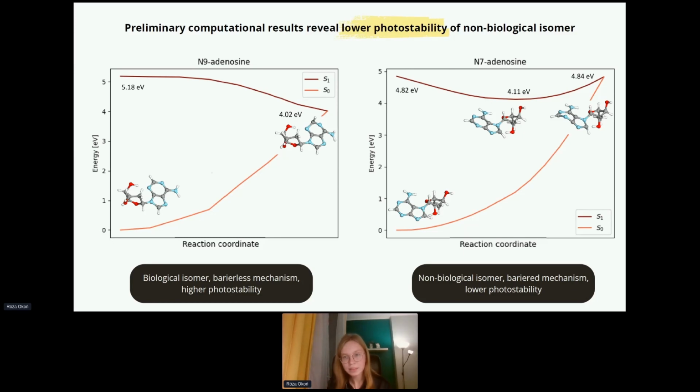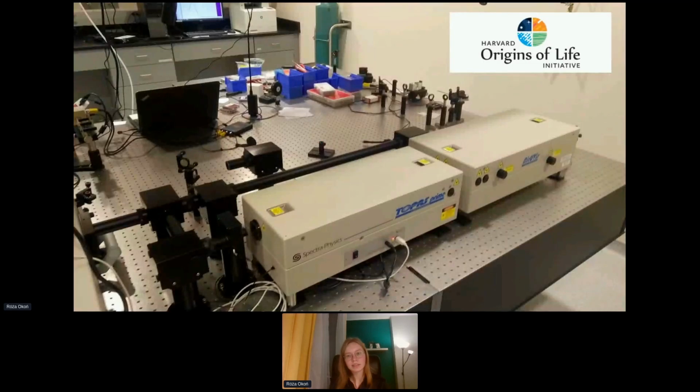And whilst such simple computational simulations can provide us with some qualitative information about lifetimes and photostability, more effort is needed to obtain quantitative information. And I managed to do that by employing time-resolved transient absorption spectroscopy, which allows us to track the ultra-fast photodynamics of the considered systems in real time.